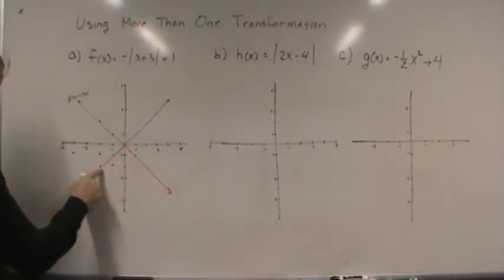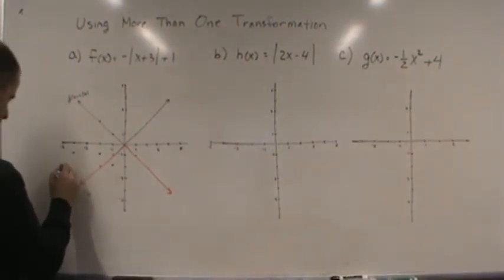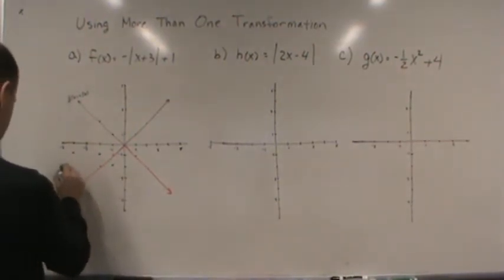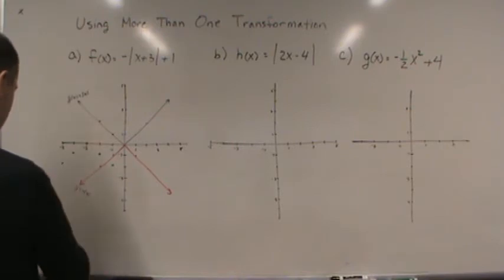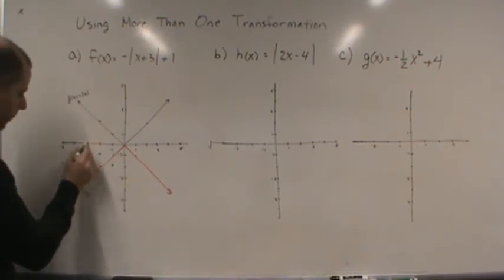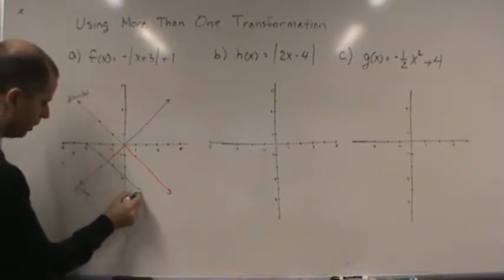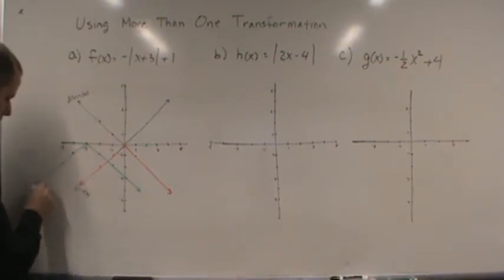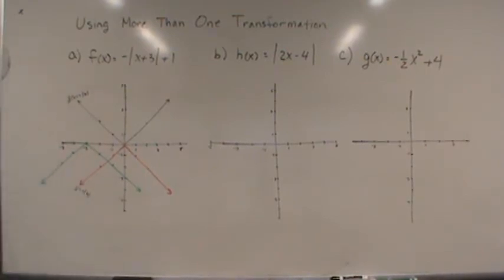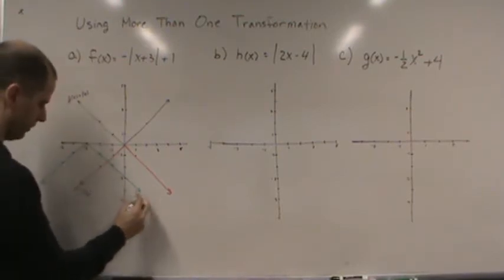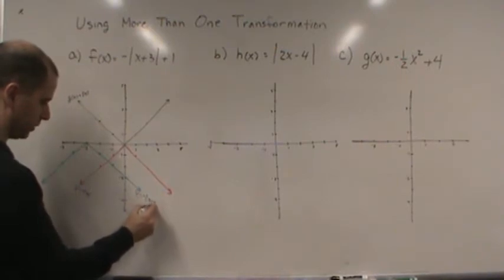And this one is moving over 3, so that's going to be right there. So now that's what I get. So now this is y equals negative absolute value of x plus 3.